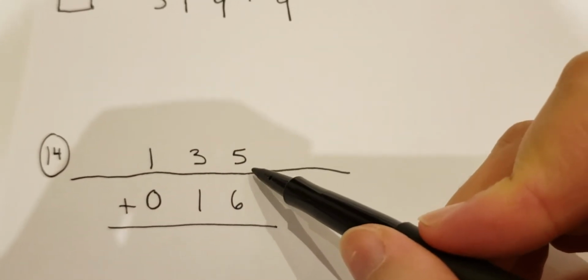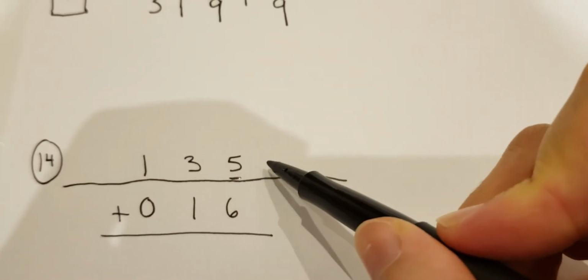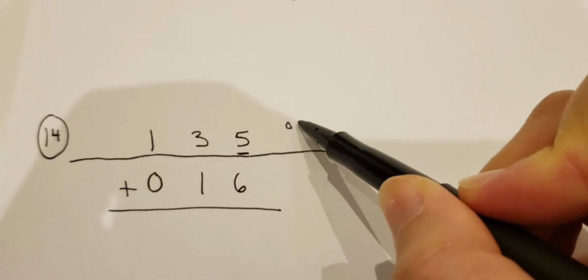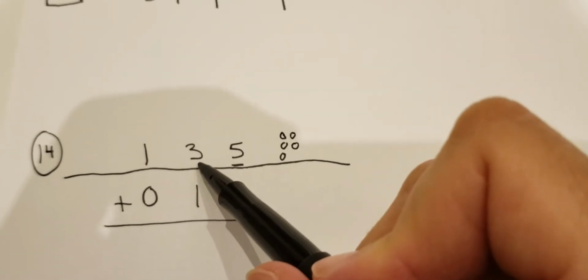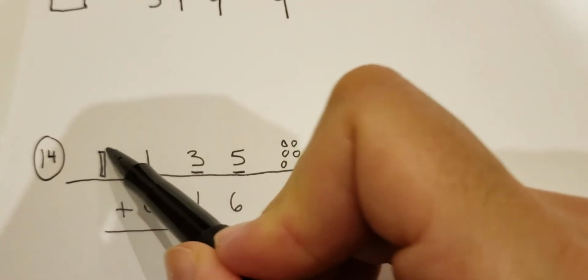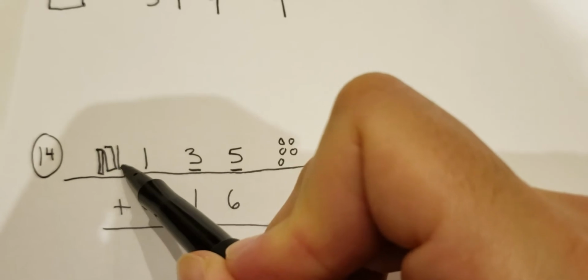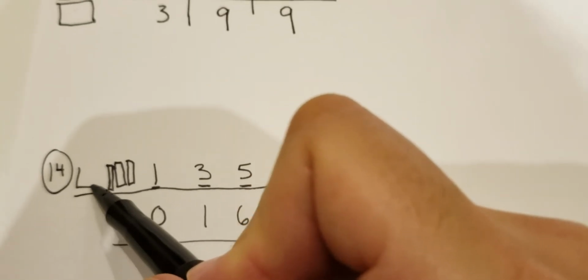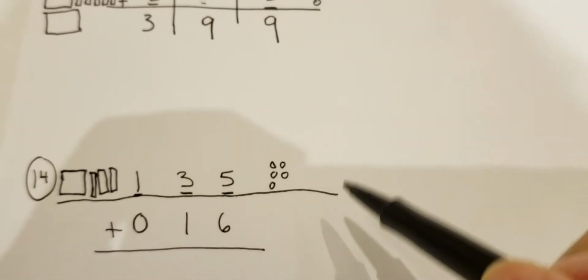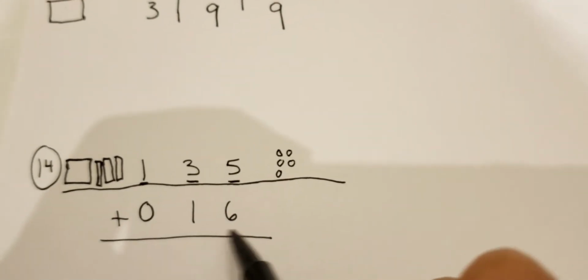Okay, so how many ones do we have? Here we have 5 ones. 1, 2, 3, 4, 5. How many tens? 3. So we're going to draw 1, 2, 3. How many hundreds? We have 1. Okay, now we're going to draw the bottom number.